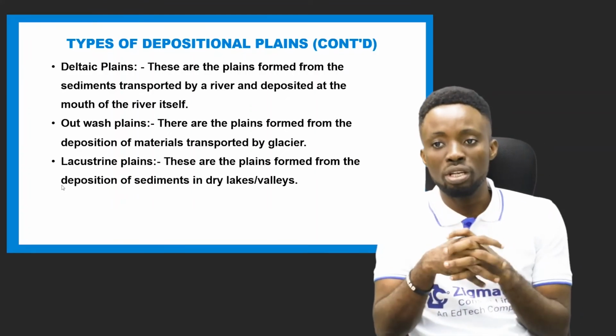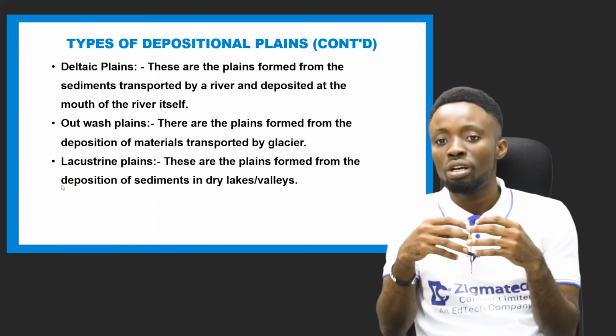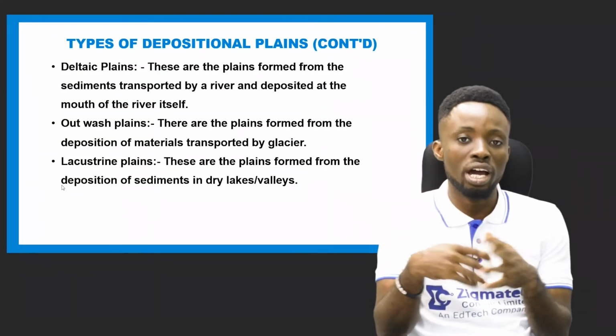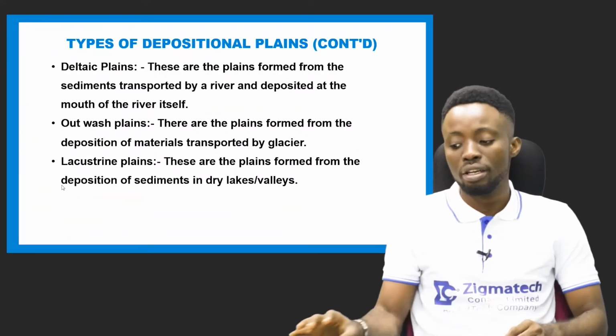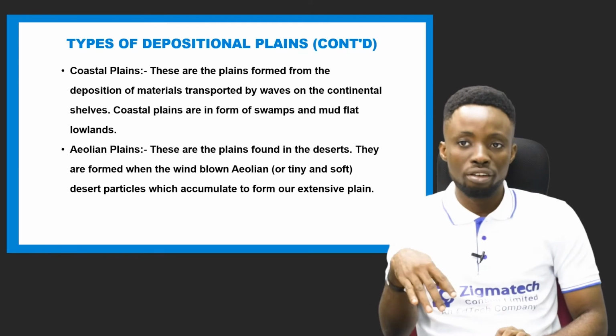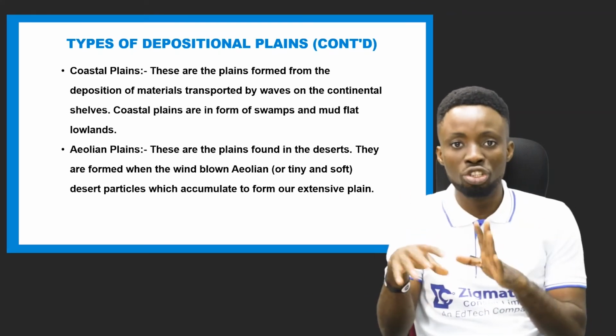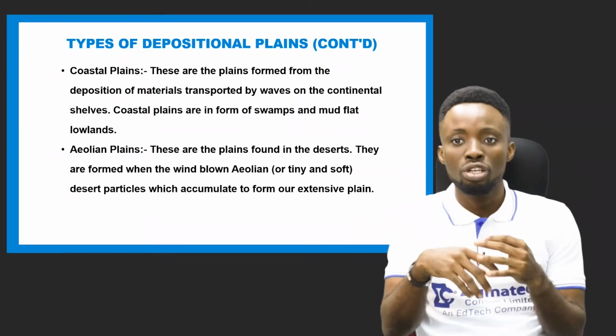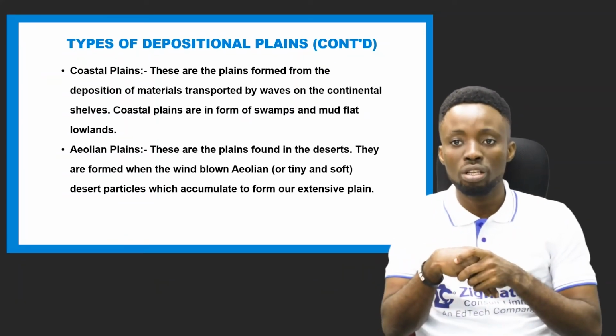Then the lacustrine plains are formed by the deposition of sediments in places where we have dry lakes or dry valleys. Then the coastal plains are plains that are formed when we have deposition of sediments by the coastal waves around the coastal region.